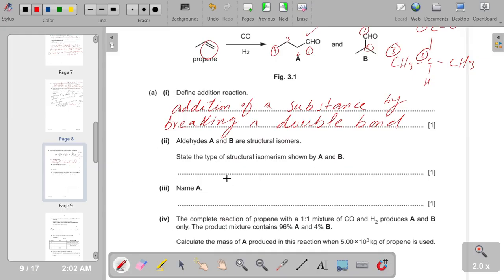Okay, the answer is structural isomerism. And you can further classify it as a type of chain isomerism, because one of the chains is long and the other is in branched form. Chain isomerism.